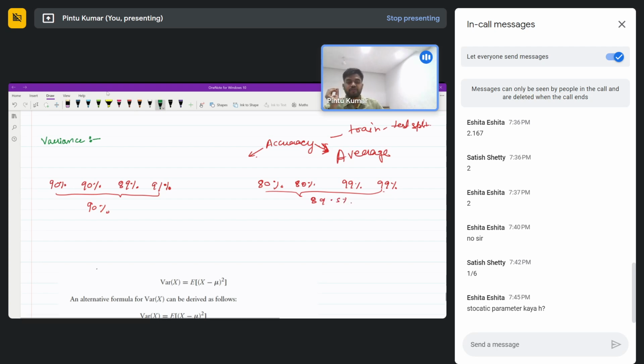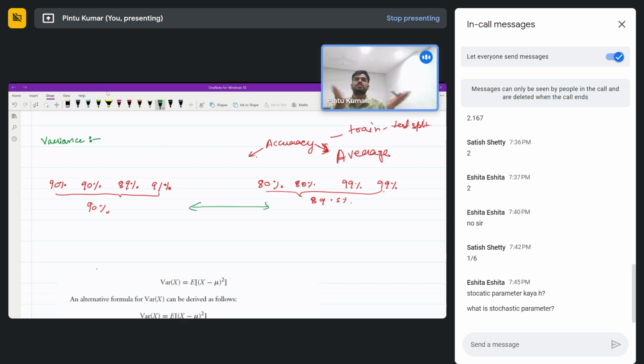Now if you look at the average, the averages are very similar to each other, right? But this model seems to be more trustworthy. Trustworthy in the sense that I can depend on this model to get 90% accuracy in almost every situation, right? But the second model that you have trained is falling to an accuracy of 80%. So this is not that.